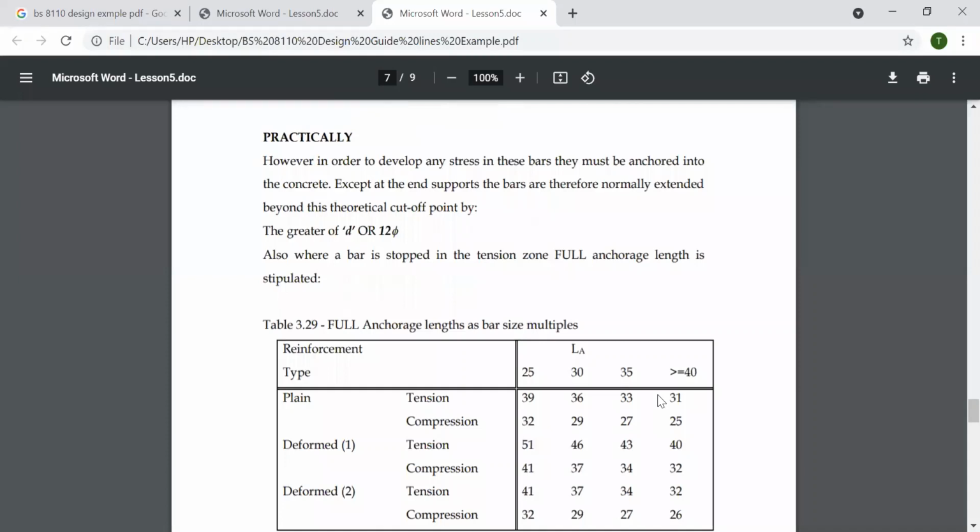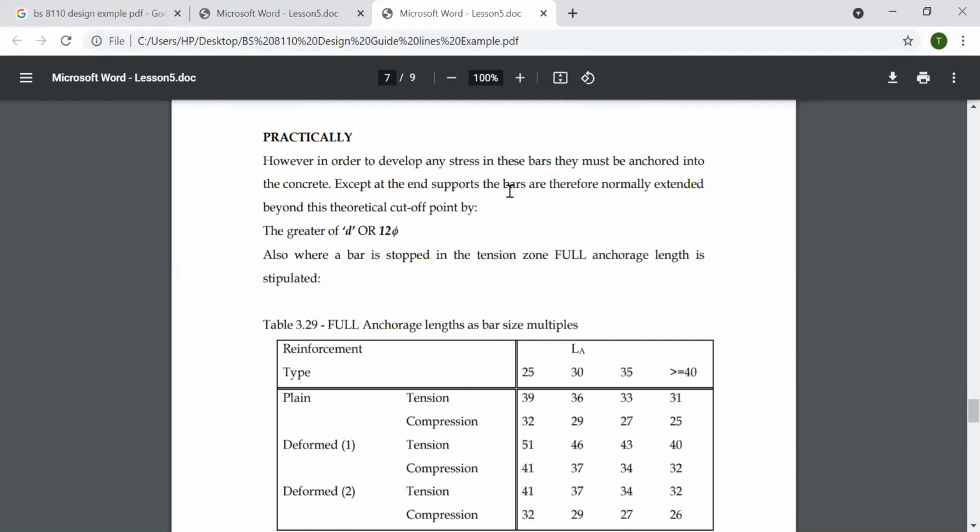So these are the full anchorage lengths for plain tension, compression, and deformed bars. So this is LA, in terms of diameter, so then you can multiply it by the diameter as written here. However, in order to develop any stresses in these bars, they must be anchored into the concrete.